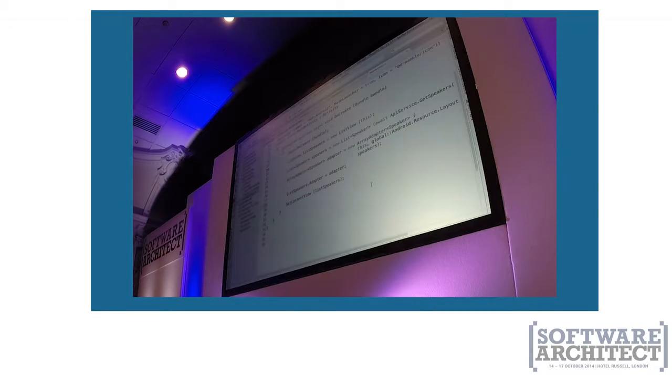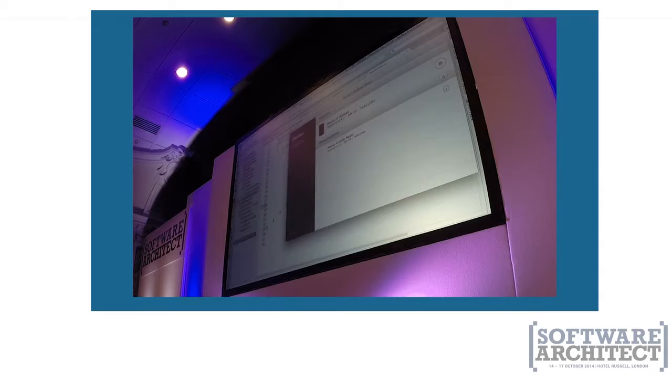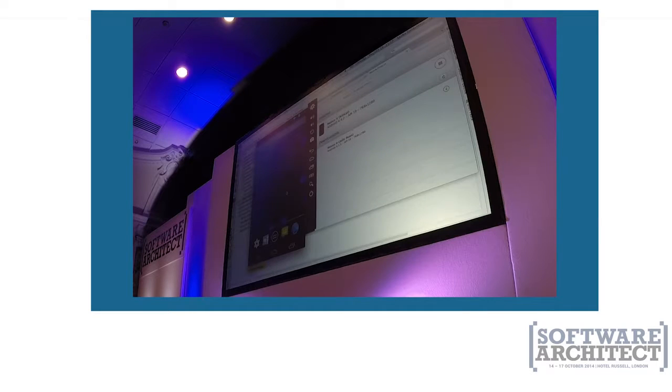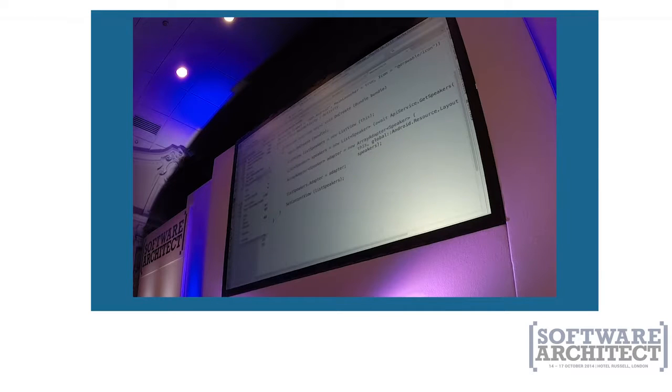And if everything went well, we're supposed to see a list of speakers on screen. And here's an Android emulator that I've got running. And let's try to run our app on that emulator. So set a startup project and just play.